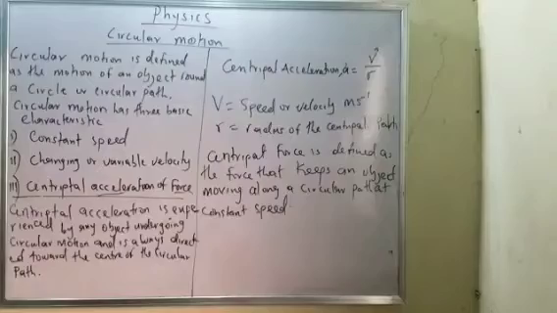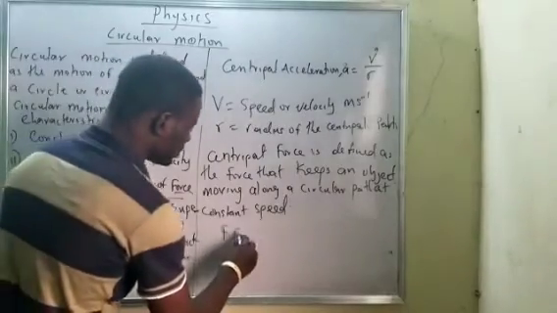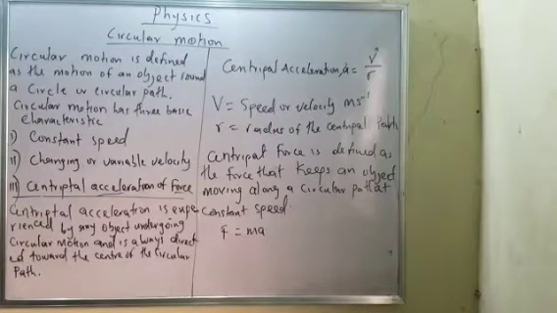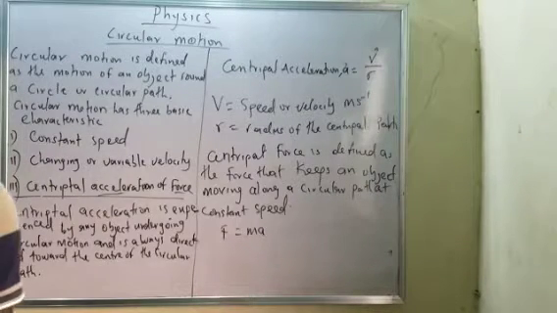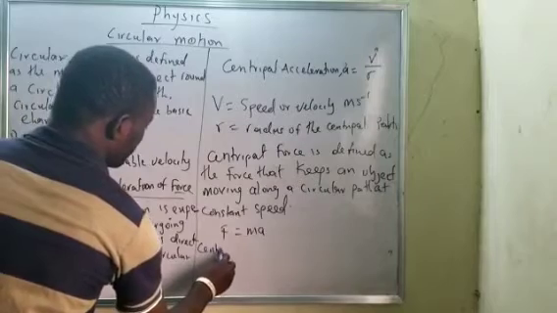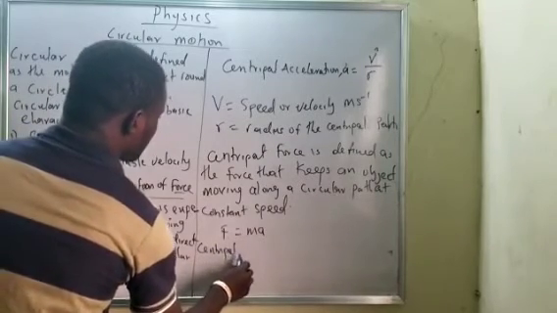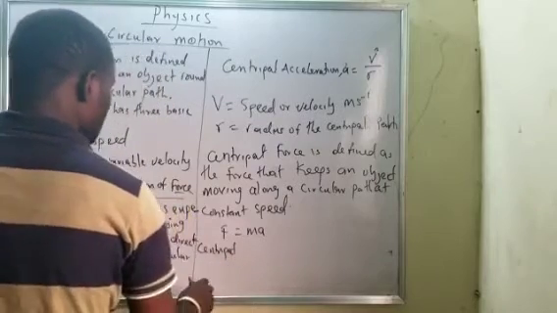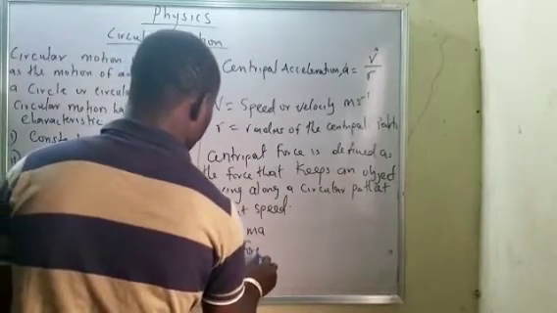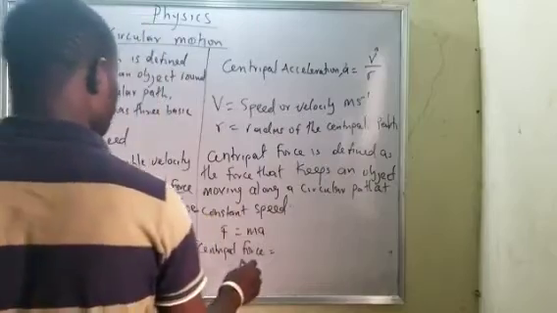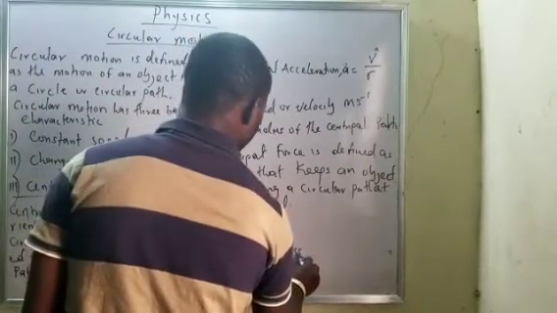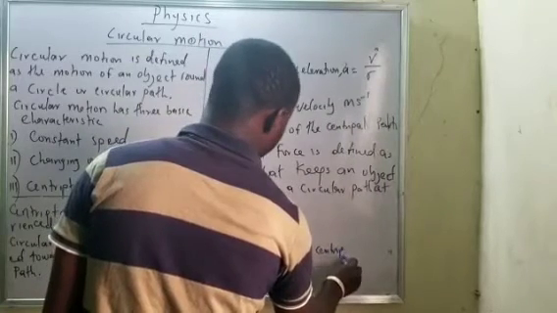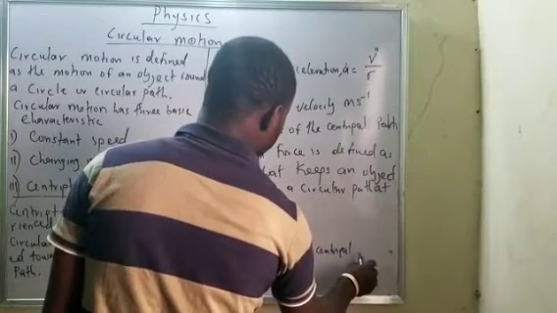Now, my force. We all know that force equals ma, which is mass times acceleration. It means I can say that my centripetal force equals mass multiplied by centripetal acceleration.